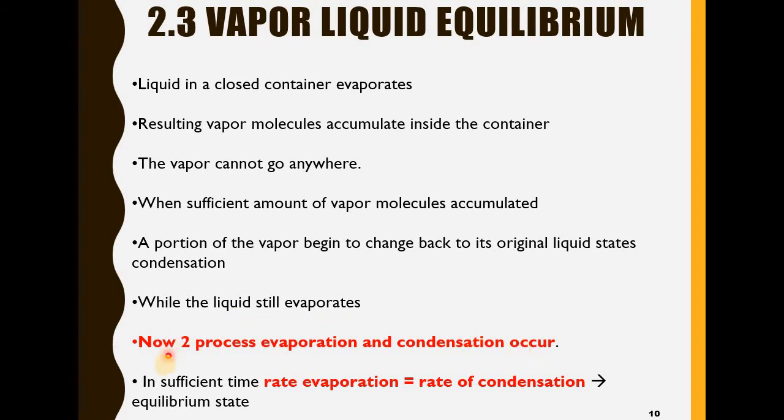In sufficient time, at a certain time, we will have an equilibrium state, where the rate of evaporation is equal to the rate of condensation. This is what we call the equilibrium state, and that is why we call it vapor liquid equilibrium.